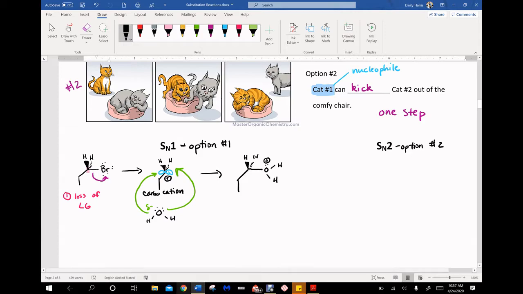The third step that we're going to encounter is that we're going to deprotonate, which means one of those hydrogens is going to leave. We'll have our hydrogen, it'll take its electrons with it, and we'll be left with our molecule with just an OH group on the end. There we go.